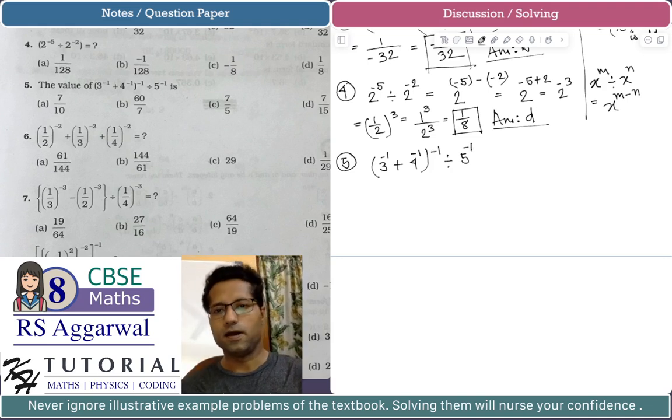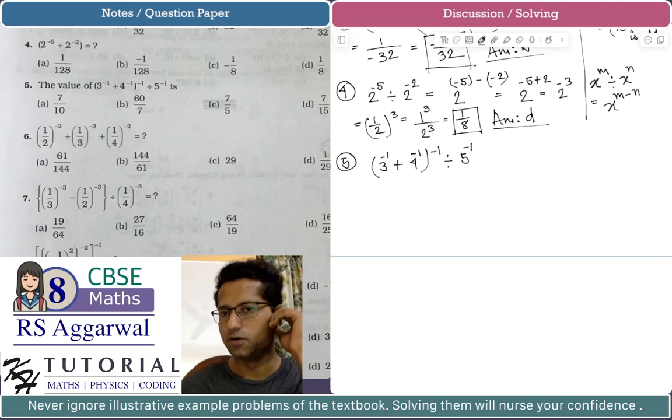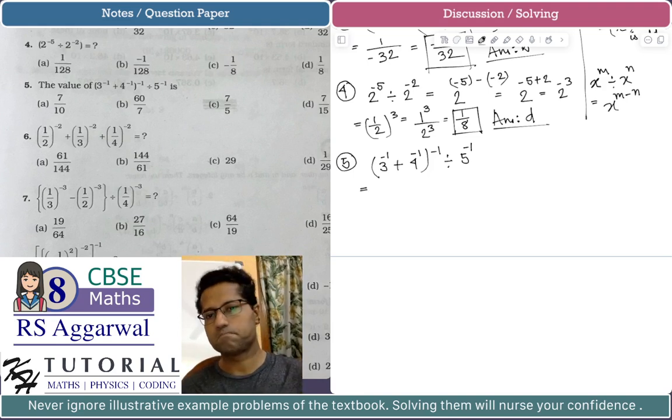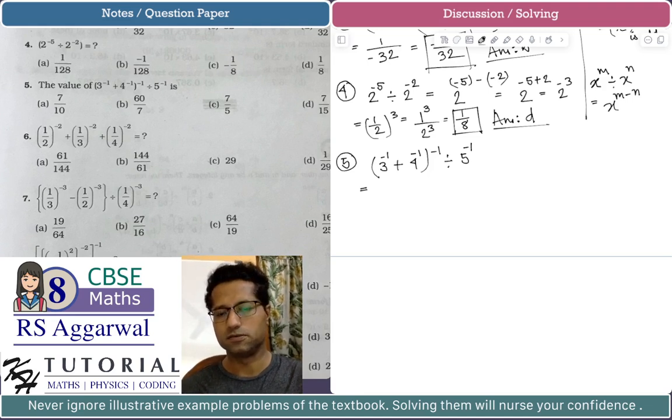Now whenever you have a sum or addition of exponents, you have to eventually evaluate the exponent, that is convert the exponent into a rational number. Inside the bracket I have addition of two exponents, so I have to convert each exponent into rational form to do the addition.